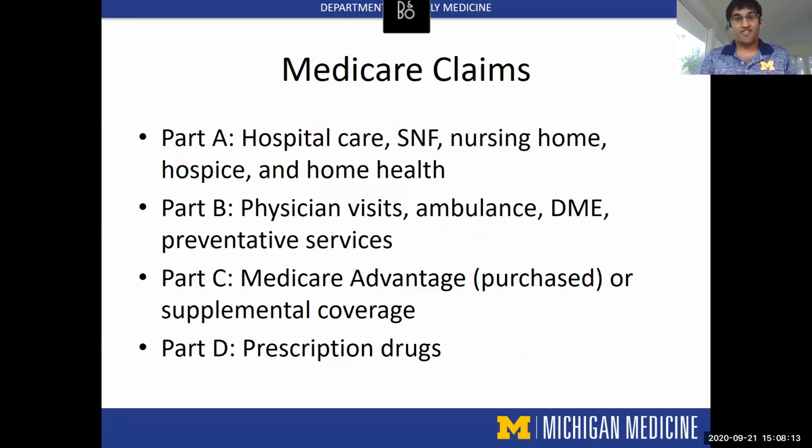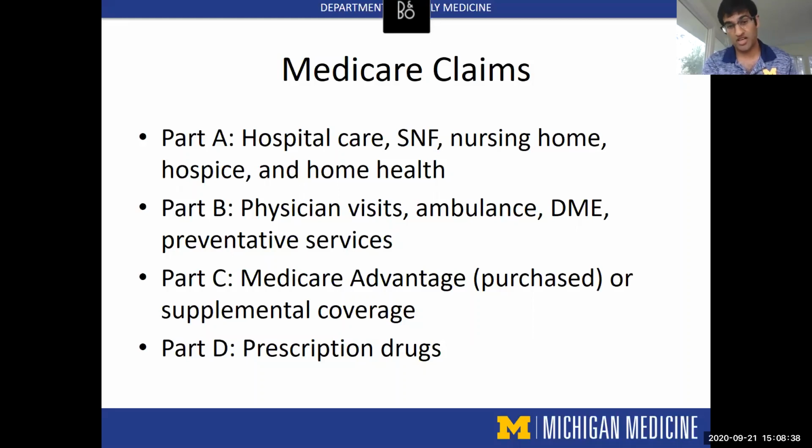So we'll talk briefly about both public and private claims. In particular for Medicare, we have Part A, which is hospital care, skilled nursing facilities, also called SNFs, nursing homes, hospice, and home health. Then you can also have Part B coverage, which is physician visits, ambulance, durable medical equipment, and preventative services.